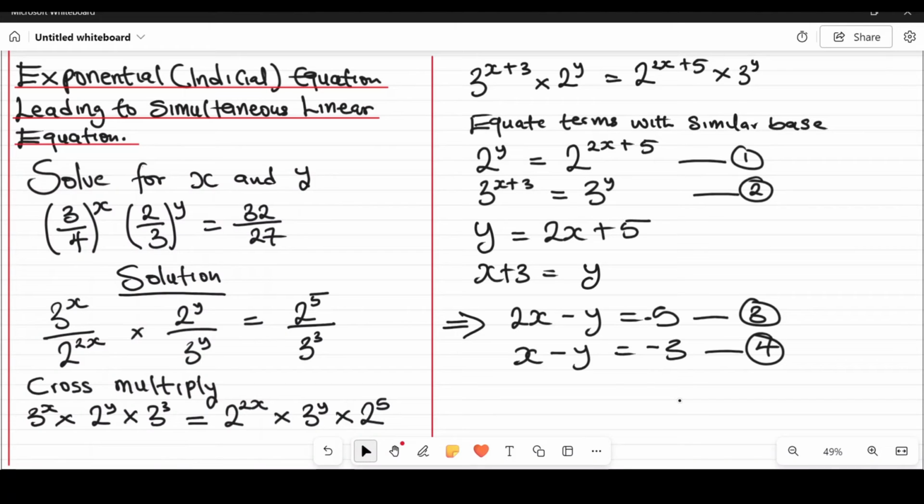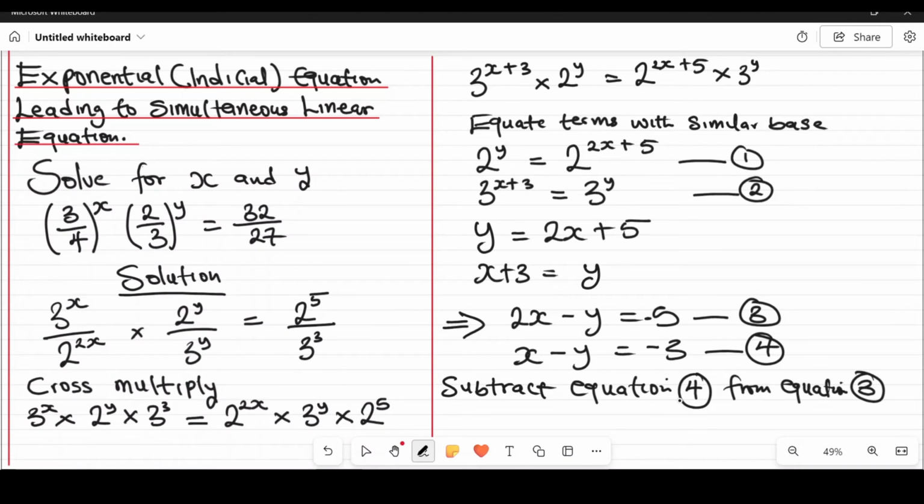So if I subtract equation 4 from equation 3, I will eliminate the variable y. So our equation will reduce to 2x minus x minus y minus y equal to minus 5 minus 3.